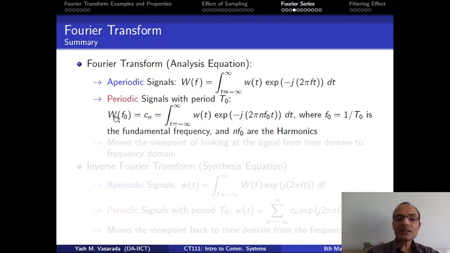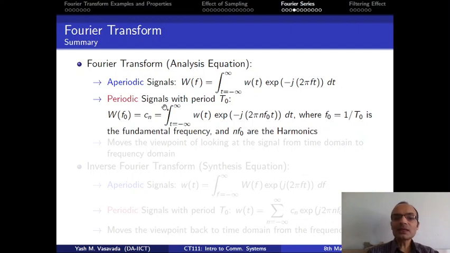So one mistake is that this should be W of n times f naught, because we are using n times f naught as the frequency here. The second mistake is that the limits of integration are wrong. It should be only from minus t naught divided by 2 to t naught divided by 2, or 0 to t naught.